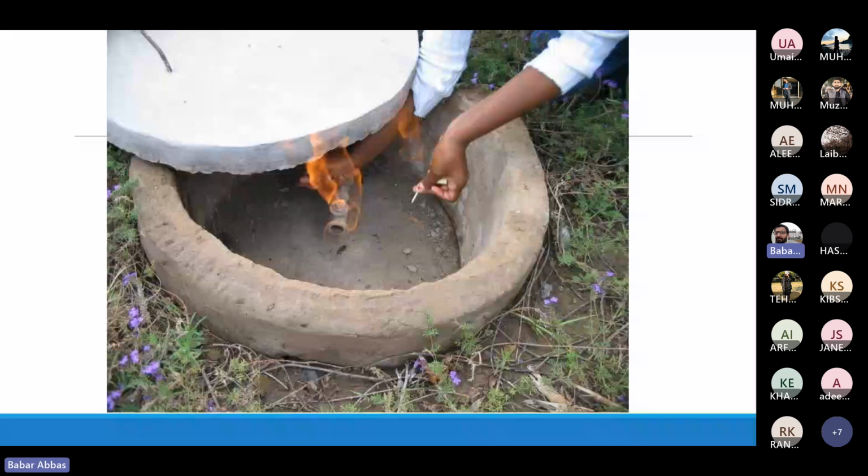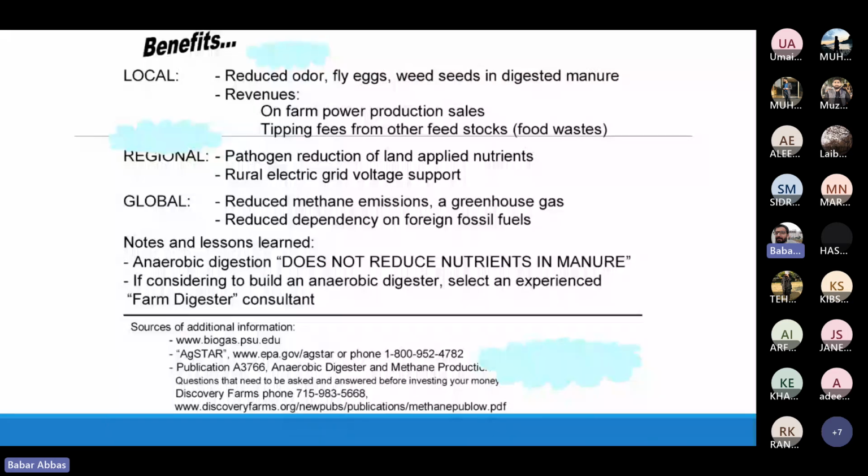The uses have already been discussed. Local benefits include reduction in odor, fly eggs, weeds, seeds, indigested manure, revenues, on-farm power production sales, tipping fees from other feed stocks would be reduced.